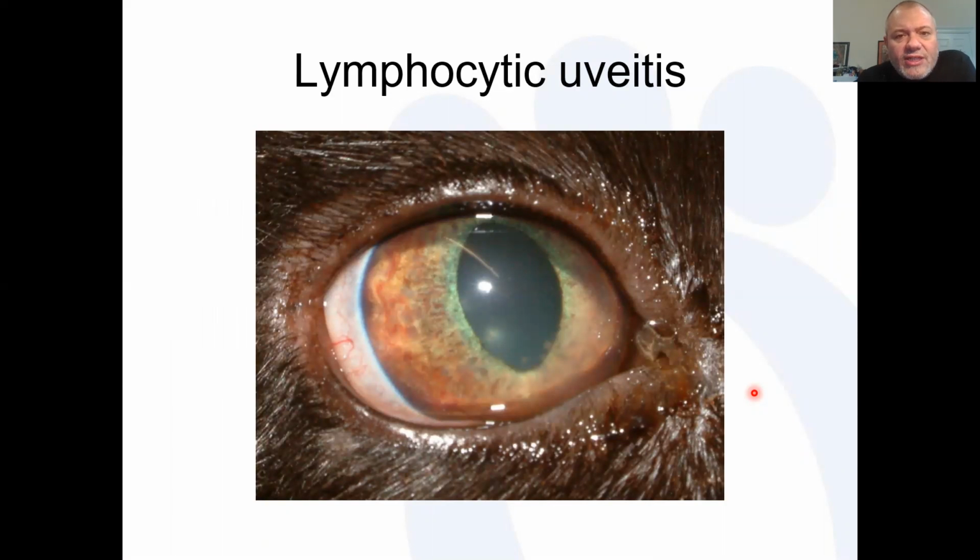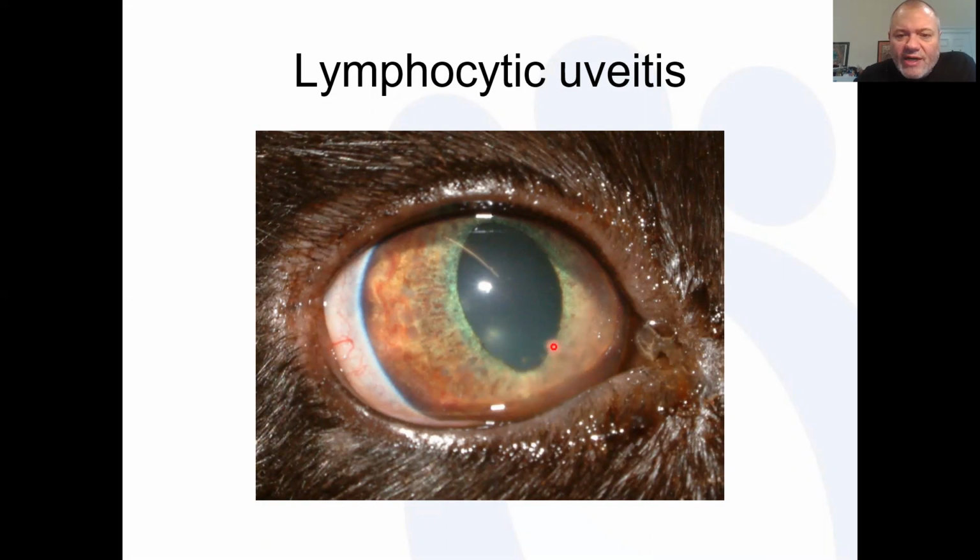We see other changes in chronic uveitis, particularly in cats. We see lymphocytic uveitis. Lymphocytic uveitis is primarily lymphocyte mediated, and we see the lymphoid follicles within the iris become hypertrophied. These grey to purple lumps are very common in what we call lymphocytic uveitis in cats.